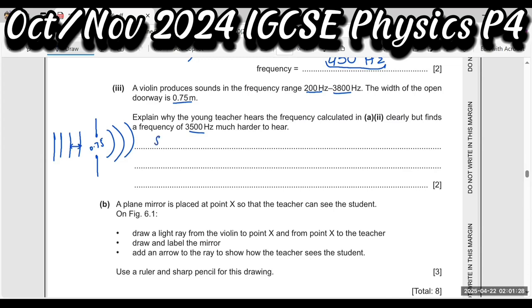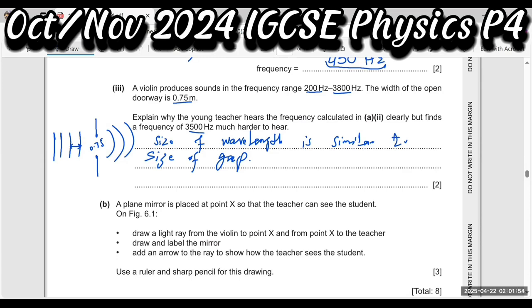So in the first case, the size of the wavelength is similar to the size of the gap. But when the frequency is so high, you know that frequency and wavelength are inversely proportional to each other.